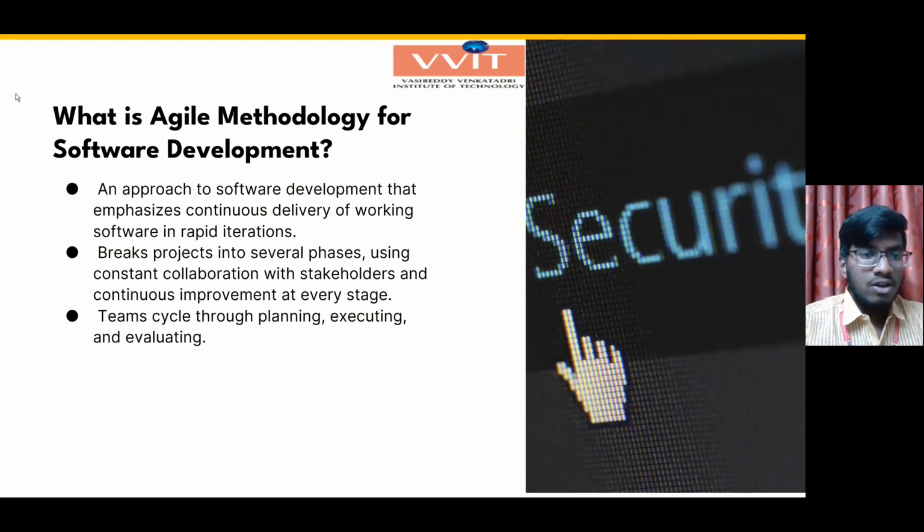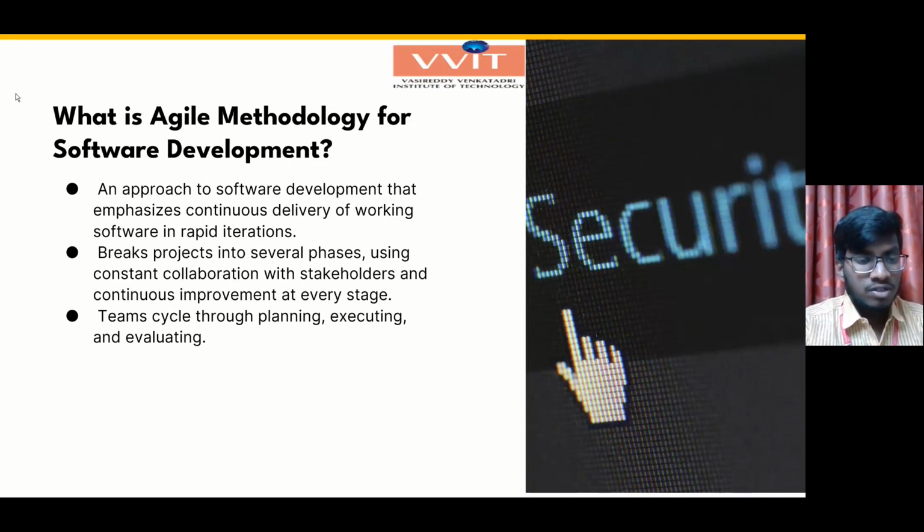So why are these not chosen to develop software? Because these have some drawbacks. Some of the drawbacks include project failures, a high defect rate, that means more errors, and also a lack of requirement analysis.